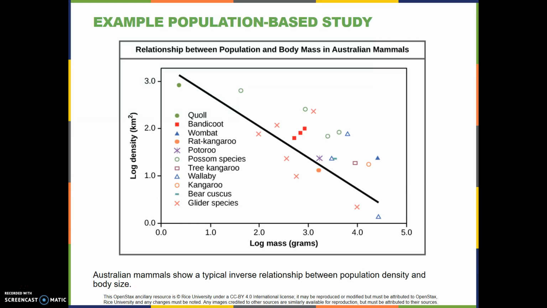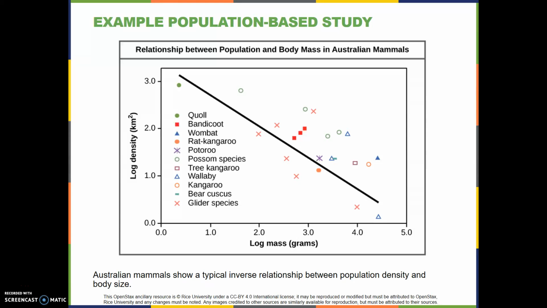And we have a graph here. This is an example of a population-based study using population demographics. You can see all these different species. I don't even know all of these, but these are obviously from Australia. The quoll, the bandicoot, wombat, the rat kangaroo, the potoroo, possum species.